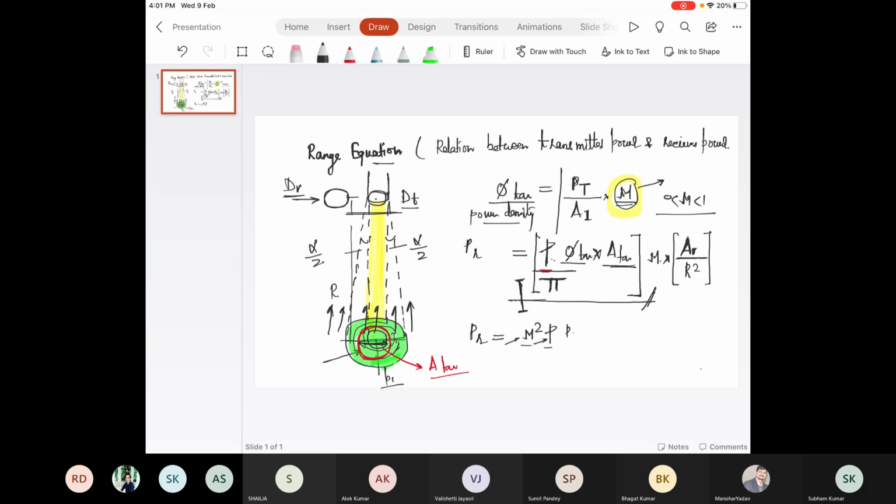Then you have the transmitted power PT. Then you have A target into receiver area divided by r square into pi into the illuminated area AI.